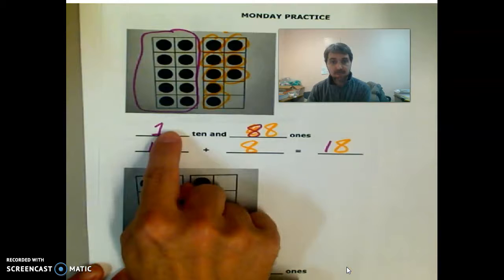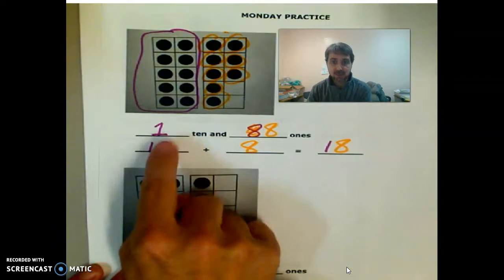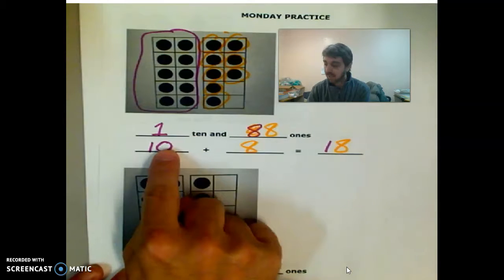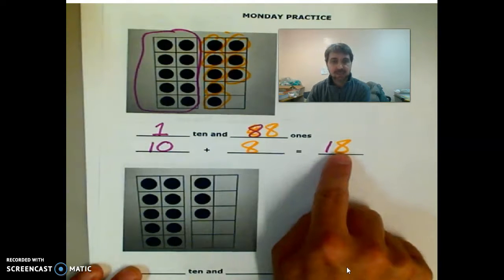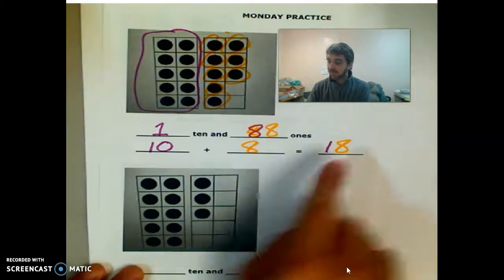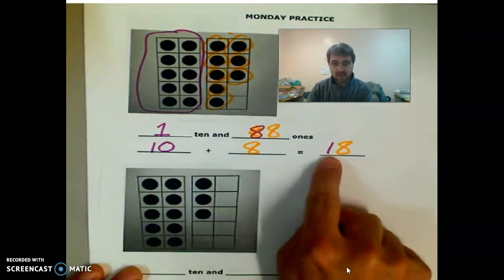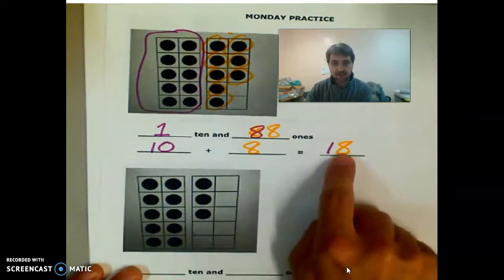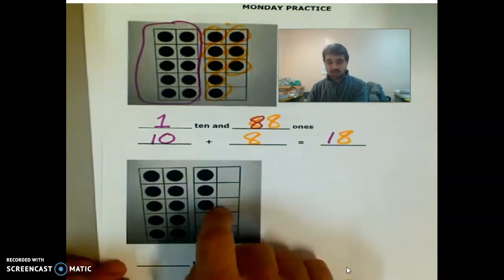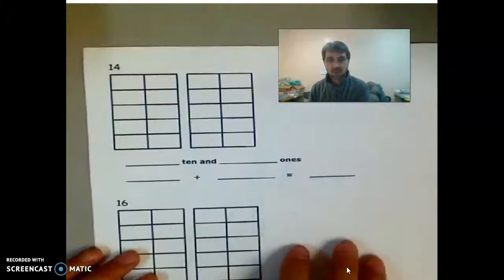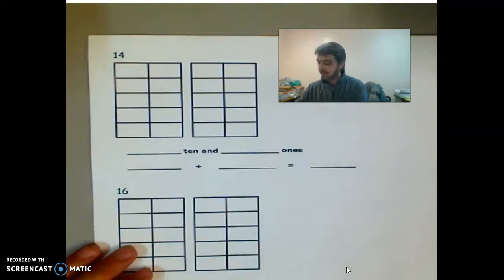One bag of 10 pieces of candy means you have 10 pieces of candy, and that's going to give you 18 pieces total. You can see that this 10 shows up right there, and this 8 shows up right there.